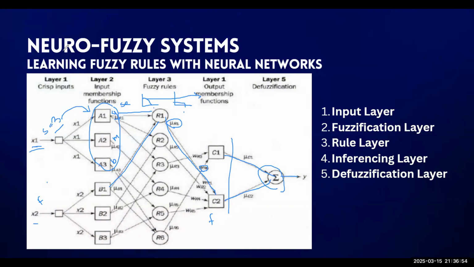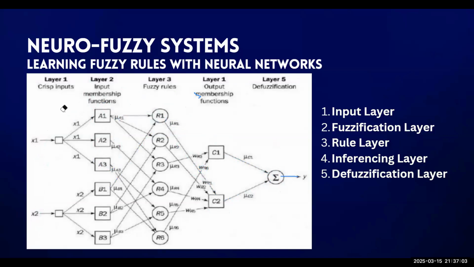Now, I didn't mention where we are using neural networks. Here in the input layer, like I said earlier, we can use neural networks to adjust these membership functions. We can decide what kind of a membership function will increase the accuracy of our system, and we can also use this to decide on these bound values.